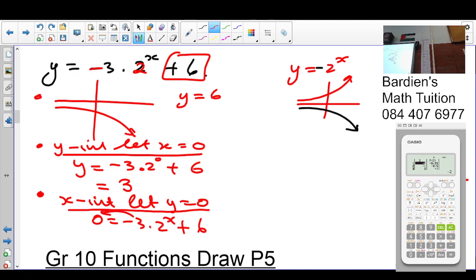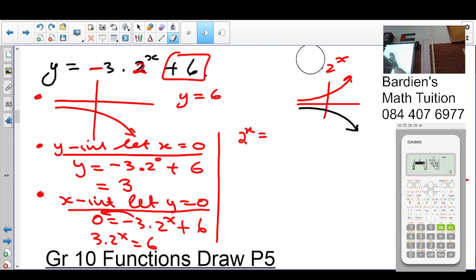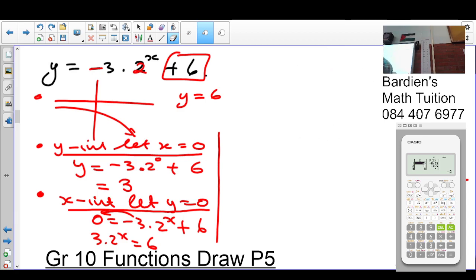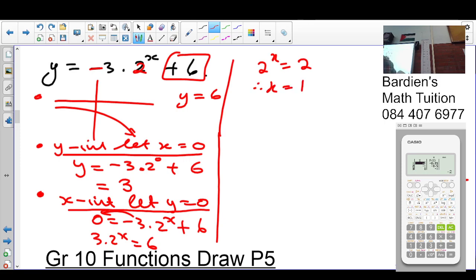Moving over the equal sign, 3 times 2 to the x is equal to 6. Dividing by 3 on both sides, 2 to the x is equal to 2. Therefore, x is equal to 1. So you have the x-intercept and the y-intercept, which is enough information to draw this graph.